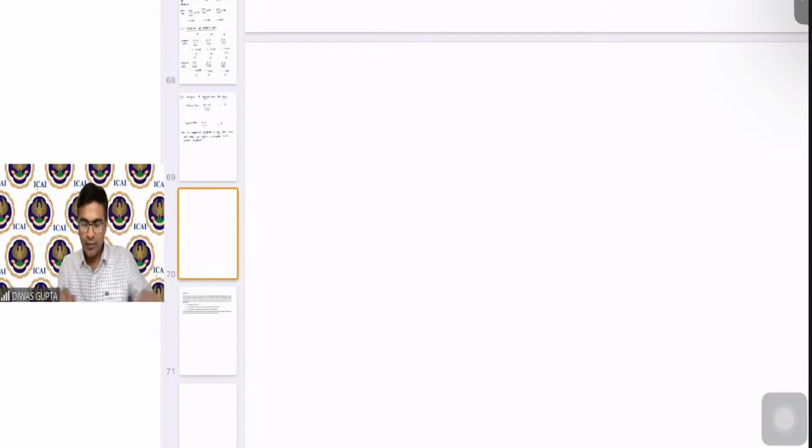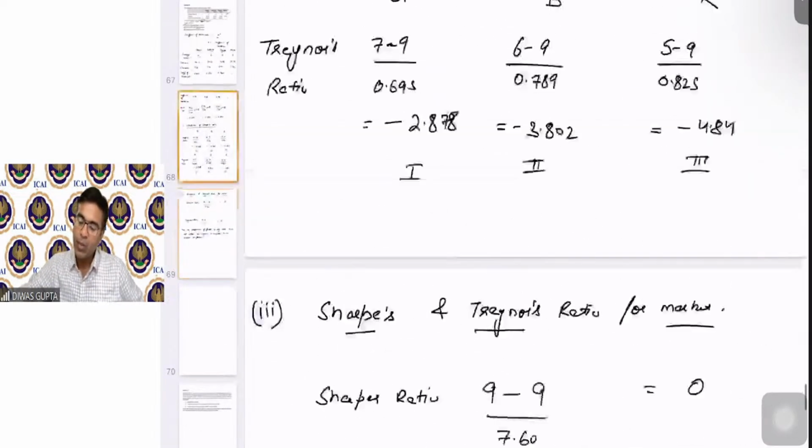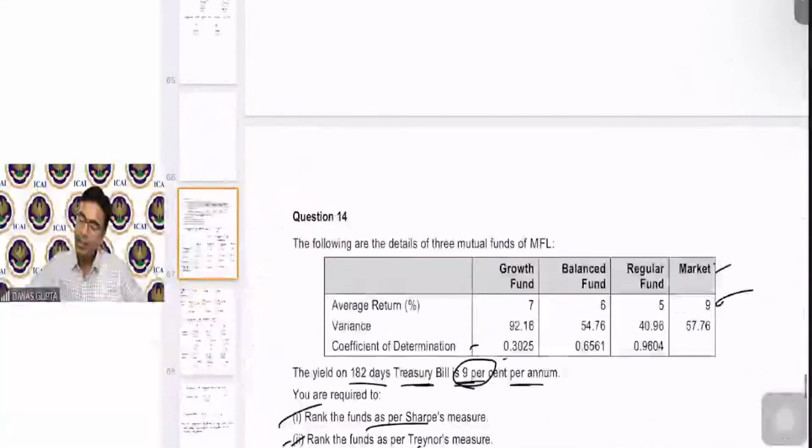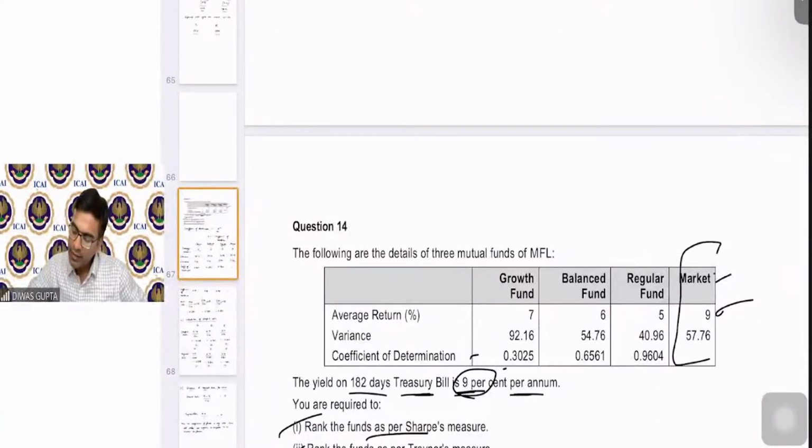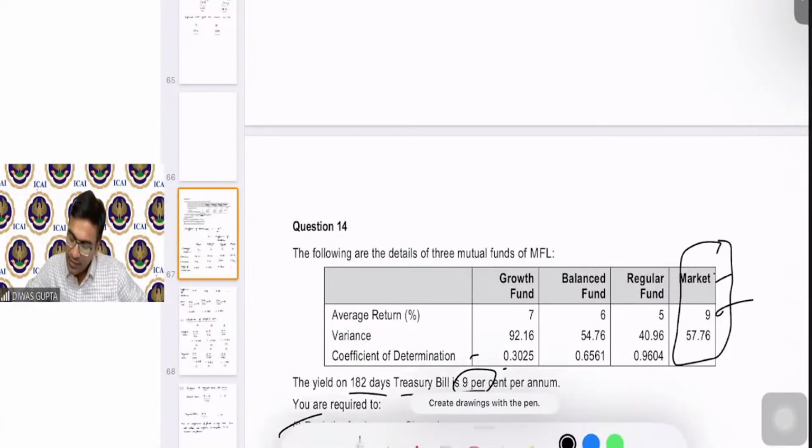Yes, students. So, Mansha, okay. See, we have not considered any standard deviation of T bills. See, these are two different things, Mansha. In the question, market is different and T bills is different.